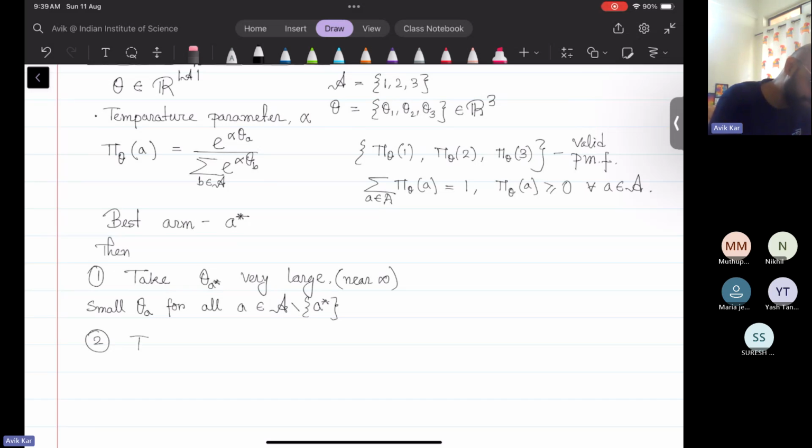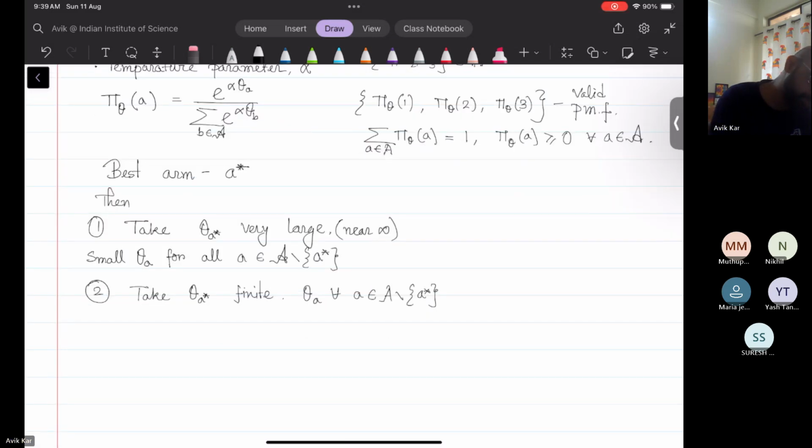And option 2 is to take theta a star finite, and theta a for all a belonging to the action space, but not equal to a star, to be near negative infinity. So that will make it very large.